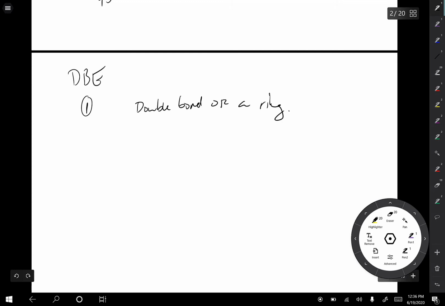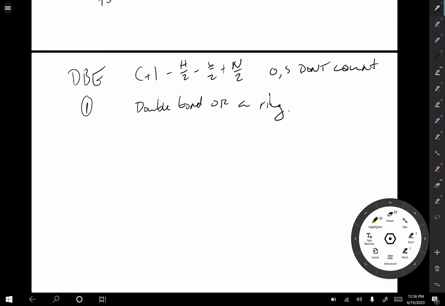The formula, like I said, is C plus 1 minus H over 2 minus X over 2 plus N over 2. Oxygens and sulfur, you don't count. And that's mainly because they create a one-to-one bond with a hydrogen. So double bonds, for example, this one has 1. Or it can be a ring.